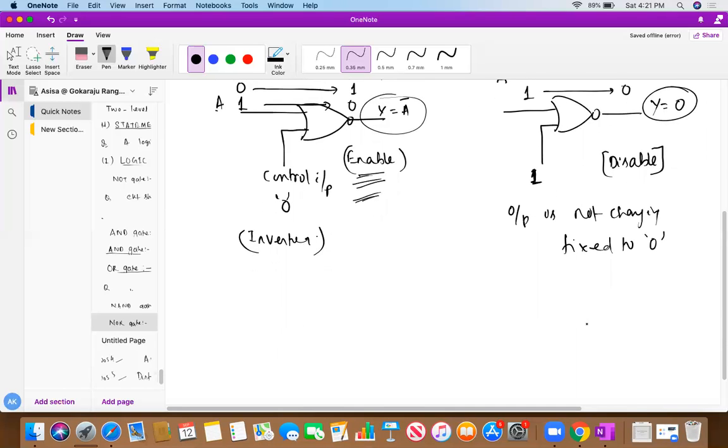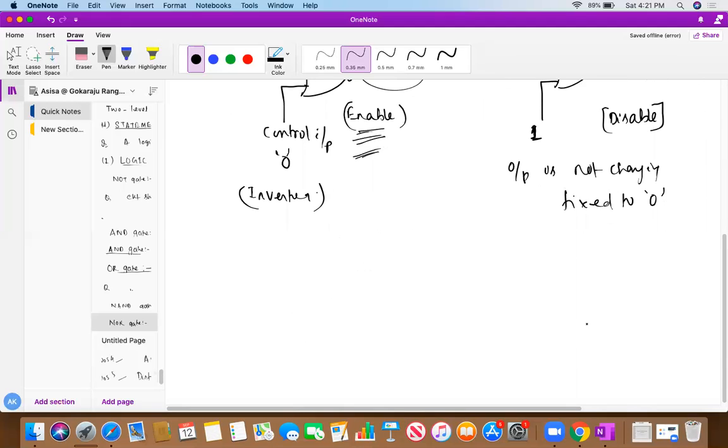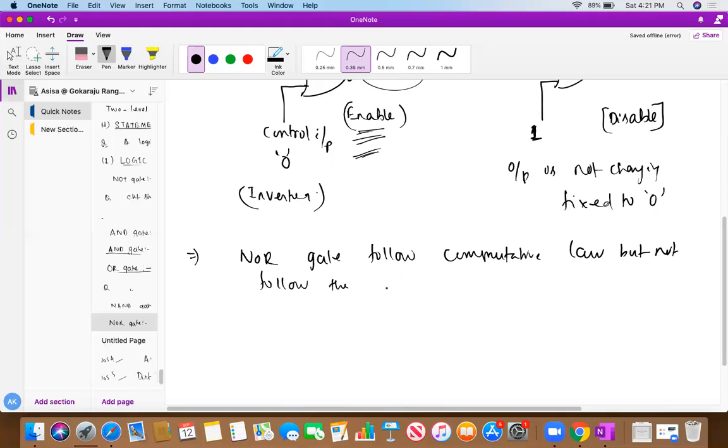Very simple. Similarly, the NOR gate follows the commutative law but does not follow the associative law. How? Check it.